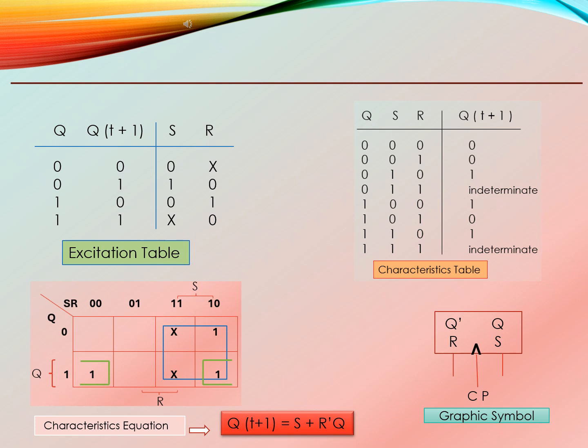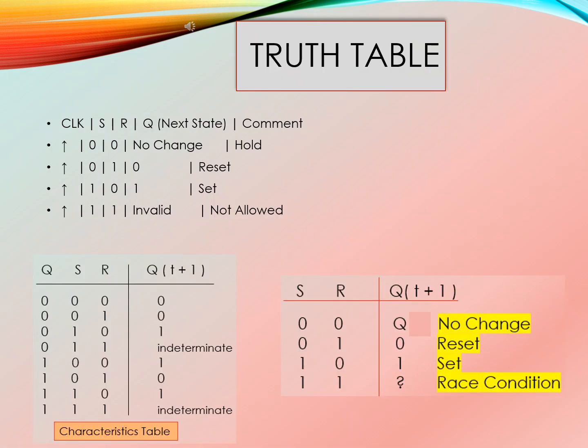In the right corner we see a graphical symbol of the RS flip-flop. Now we see the standard truth table for the RS flip-flop when a clock pulse is present. When both S and R are 0, the state is held and remains unchanged. When S is 1 and R is 0, Q becomes 1, so this is set.